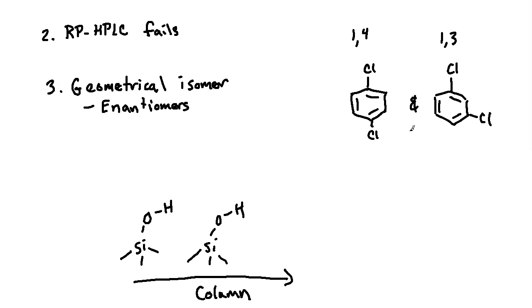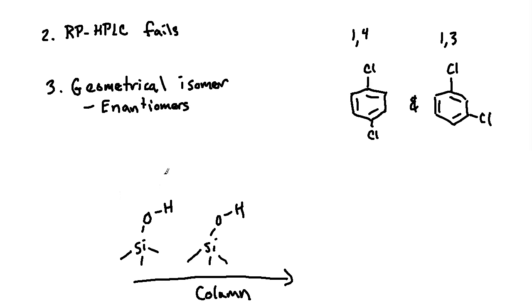They are going to have very similar properties to one another. But what's interesting here is that when you put them on the column, kind of like when they go into a human body, enantiomers or geometrical isomers have the ability to bond in certain geometrical fashions, and therefore a lot of times they can be separated out if you have that selective binding capability.